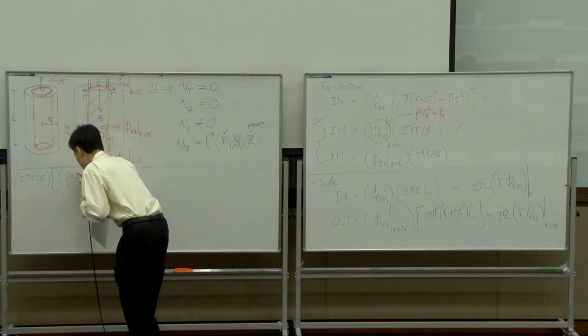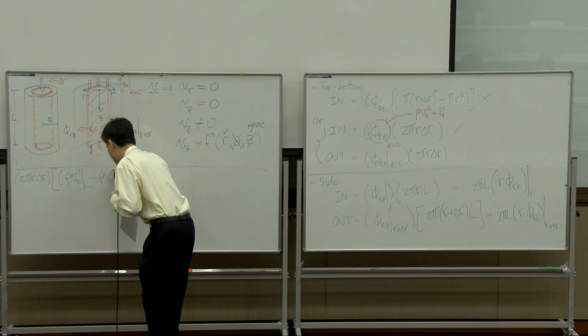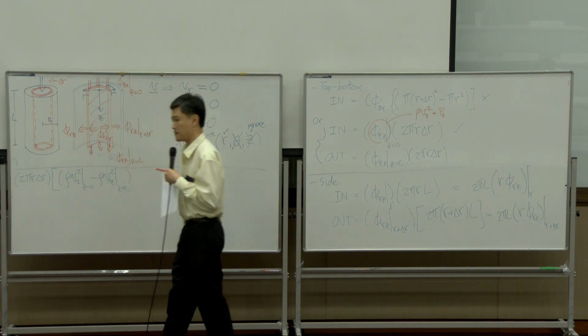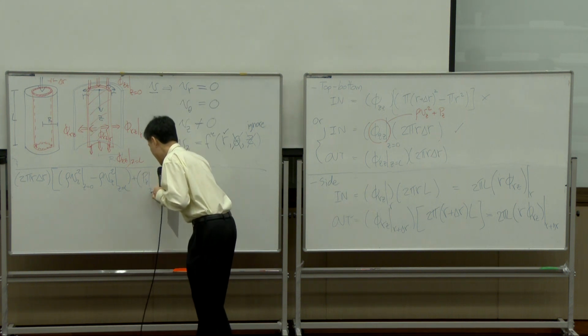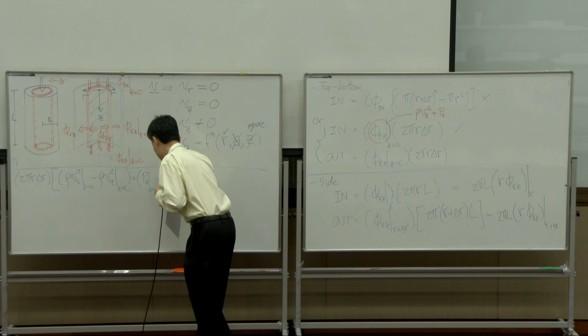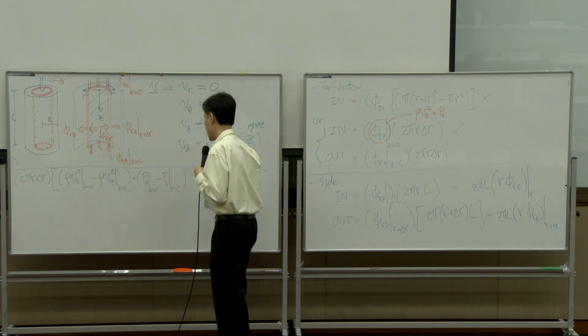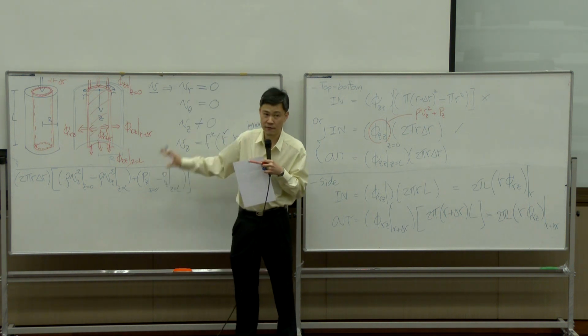That would be rho v squared at z equal to 0 minus rho v squared at z equal to L. The first term, plus pressure at z equal to 0 subtracted by pressure at z equal to L. The second term. That's the flux in and out from top and bottom.